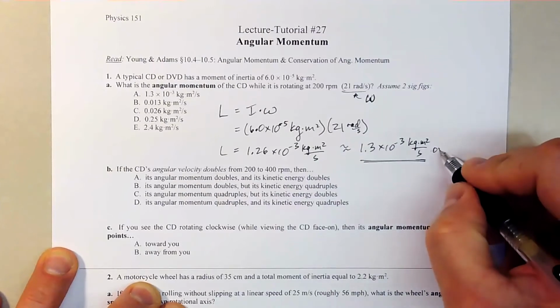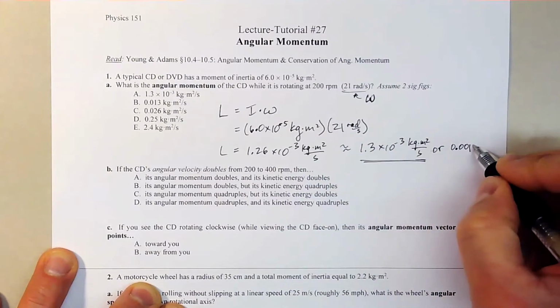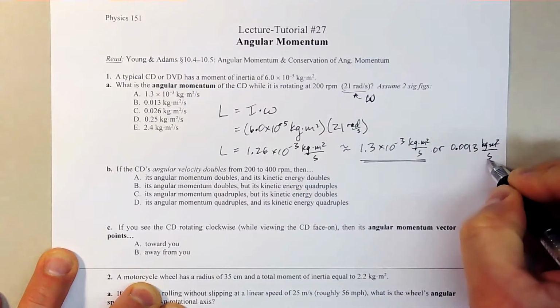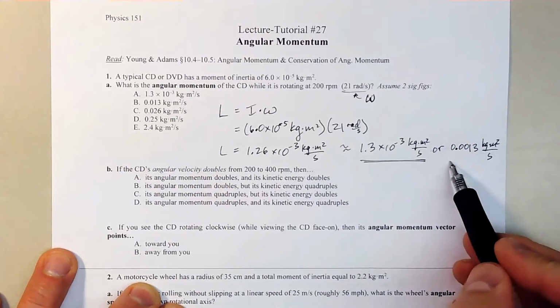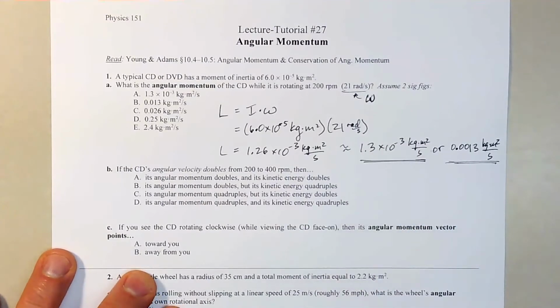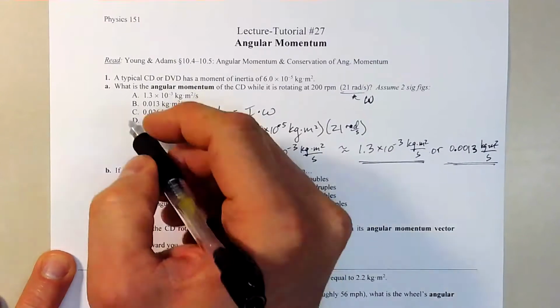Or if we wanted, we could write it as 0.0013 instead of using power of 10 notation. Either way, this is that borderline case where you might write it as a regular decimal, or maybe use scientific notation. Looks like the answer is A.